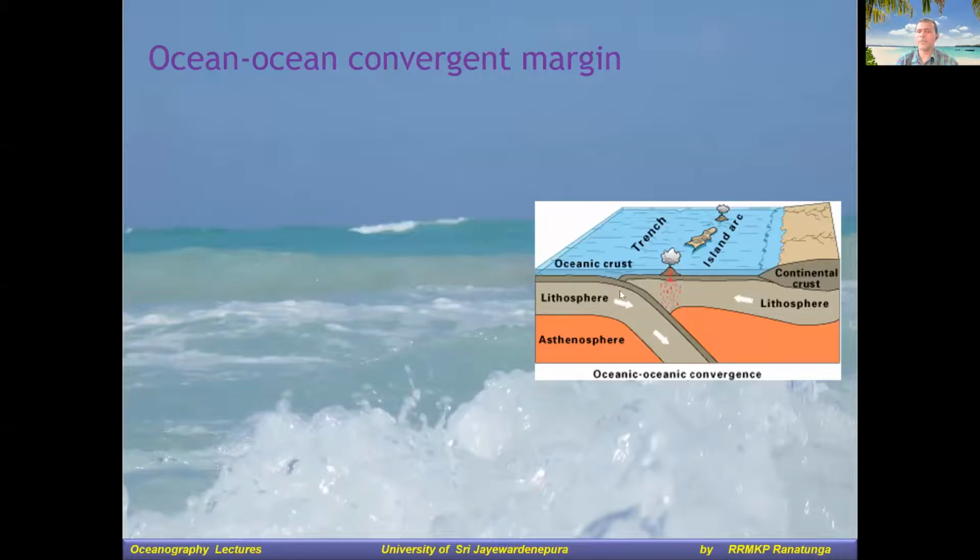Both plates are in the ocean. Now, theoretically, since both have the same density, we should expect, just like what happened in the continents, that they should hit one another and cause a mountain. But in this case, in the ocean crust, it's a little different because the older ocean crust is a little bit denser than the newly formed.